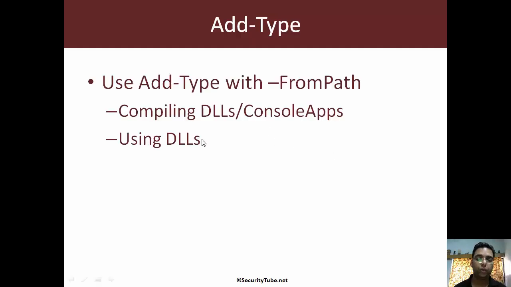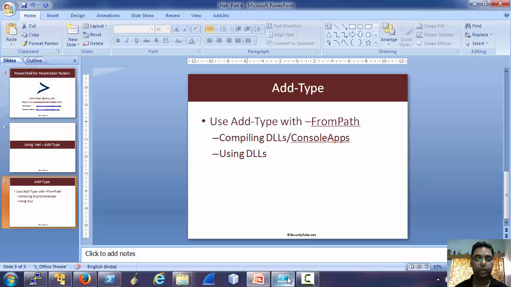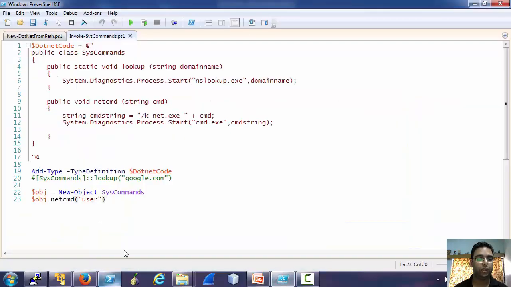We will see how to compile our code into a DLL, and we'll then see how to use those. So let's recall this code which we used in the previous video.